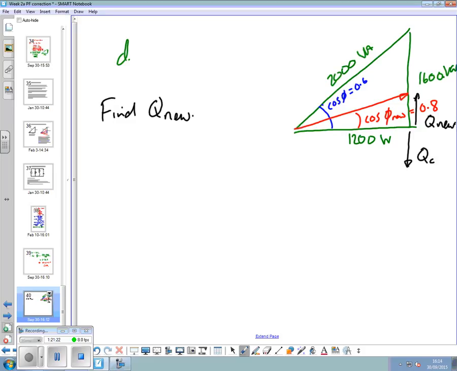How would you go about it? We'll draw this little triangle out here. That's Q new. This is 1200. That's unknown. Cos of that angle, 0.8. What could we do?